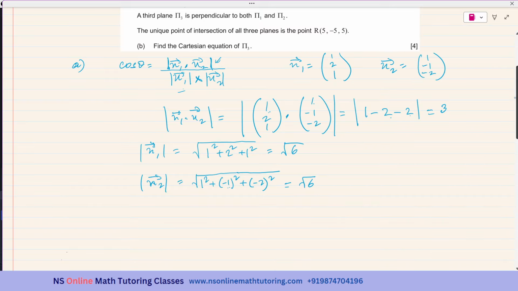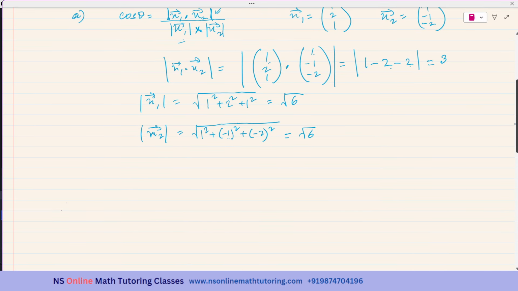So therefore, cos theta will be equal to 3 over root 6 times root 6, which is 3 over root 36, which is equal to 3 over 6.